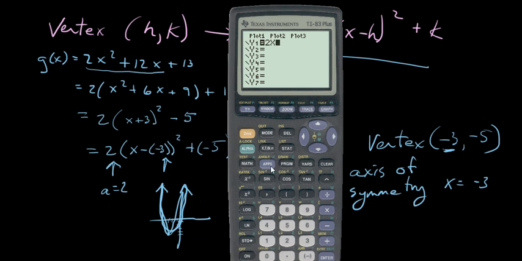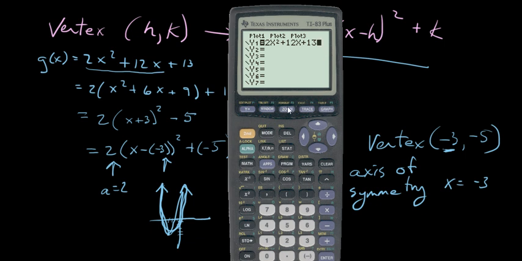By the way, when I put the original one, if I get something different than this, then I know I've got to look for some mistakes here. If I made a mistake somewhere from here to here, and I put this in, it might not match this one, and I wouldn't know that. So 2x squared plus 12x plus 13.